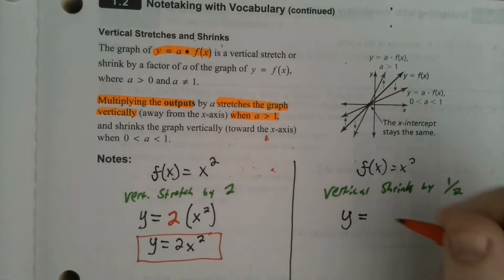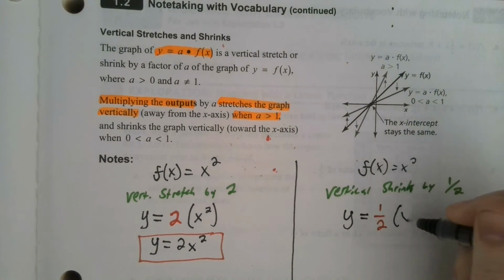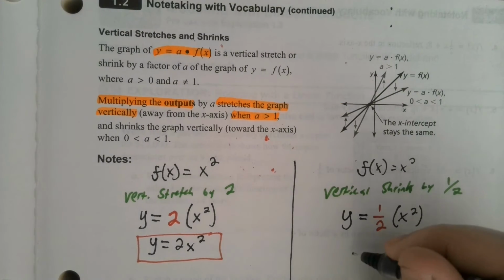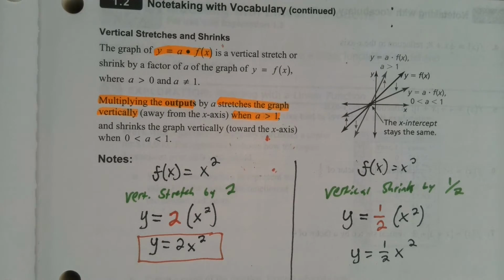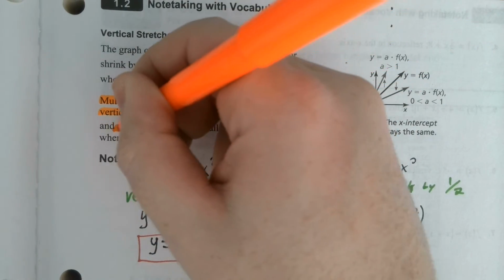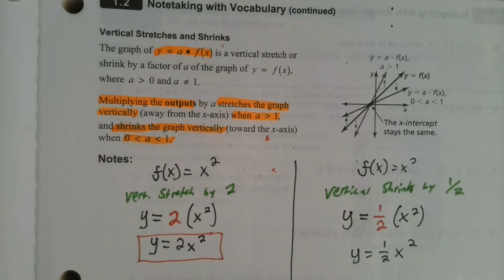All we're doing is changing it so our y values are 1/2 of what we would normally get. So our equation is just y equals 1/2 of x squared. To do a vertical shrink, to shrink the graph vertically, our a value should be a fraction, in between 0 and 1.